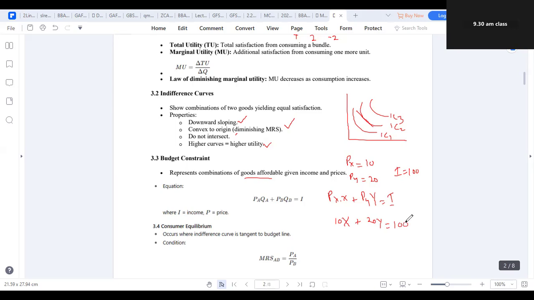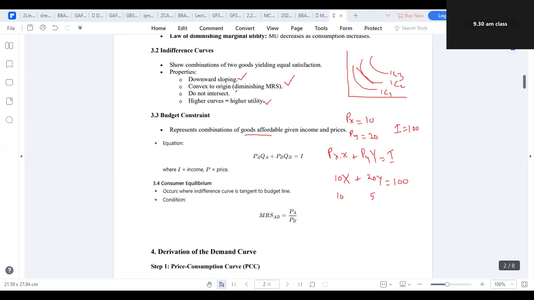So the way we're sketching it, where there's X, what is the intercept? 100 divided by 10, it will cut the X at 10. And 100 divided by 20, it will be at 5. So the budget line here, we cut the X at what?